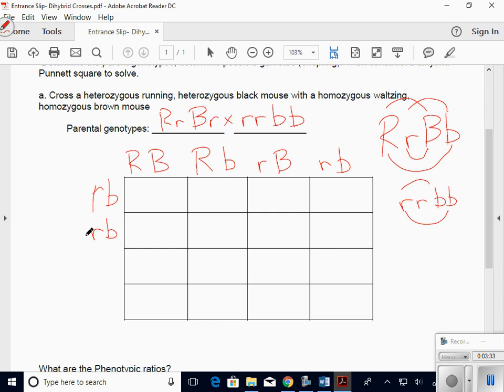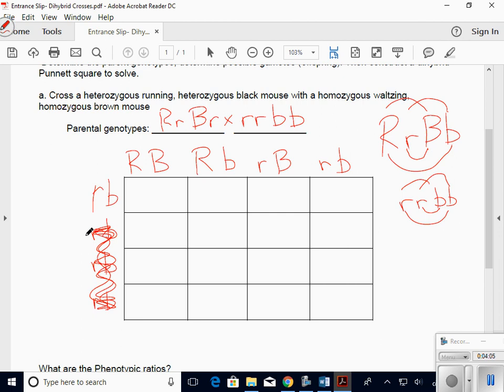Inside is little r, little b. And finally, last is little r, little b. If you're looking at those gametes, they are all the same. So we don't need to do all of those. I only need to do one of them. They're going to end up being the same.